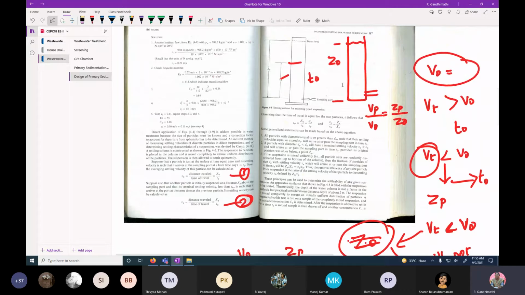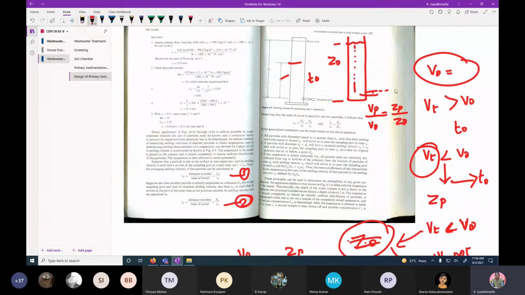In this case study, they have used the words arrive or passing the sampling port. That means the particle started movement from the top and then it may come out.